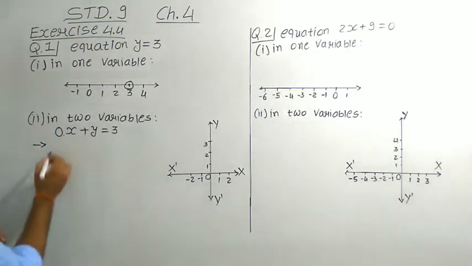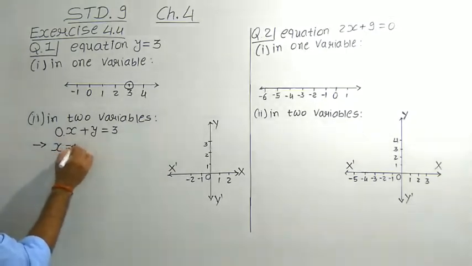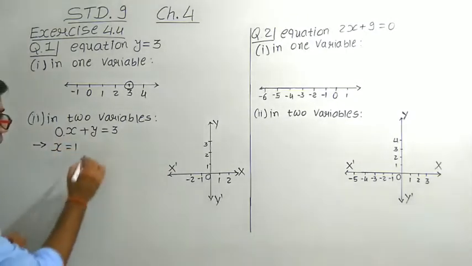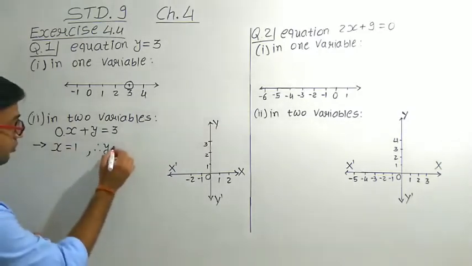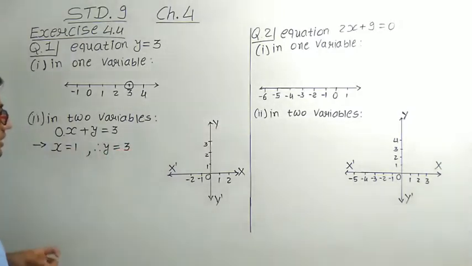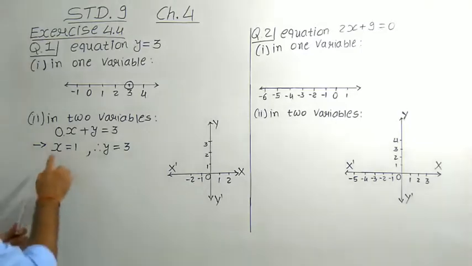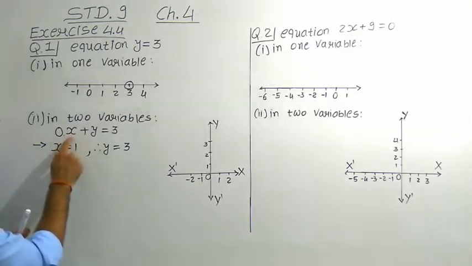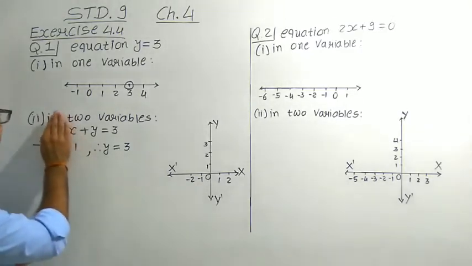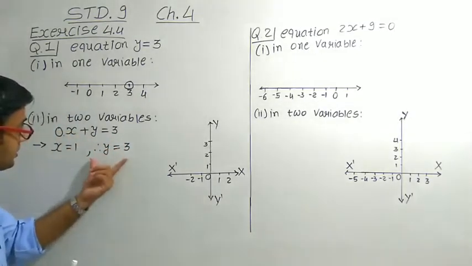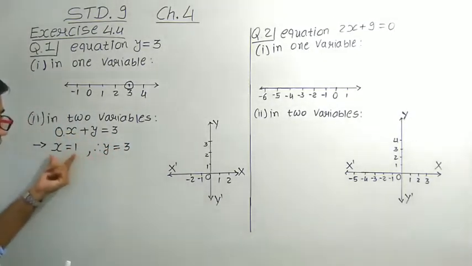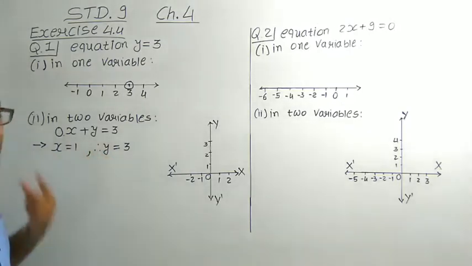No. See, if we take x equals 1, then what is the value of y we get? There is no change in the value of y. We get y equals 3, because when we put x equals 1 here, 0 into 1 becomes 0 and only y equals 3 remains. So this is the first solution, the first coordinate (1, 3).